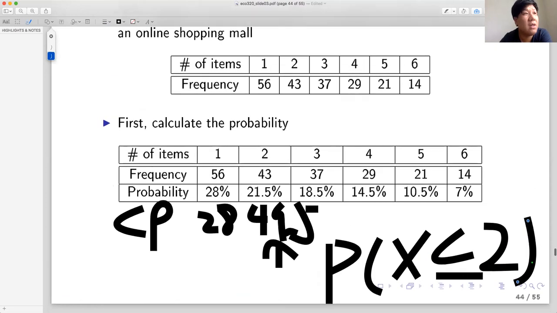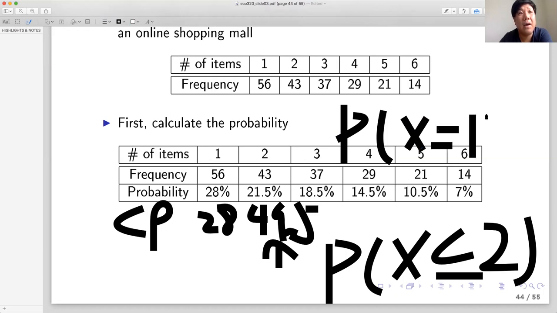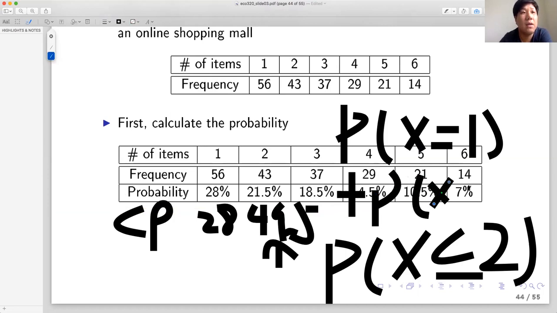So basically, this probability equals the probability that x equals 1 plus the probability that x equals 2. The probability that x equals 1 is 28%, the probability that x equals 2 is 21.5%, so add them up, it's 49.5. That is how you get cumulative probabilities out of the single probabilities.